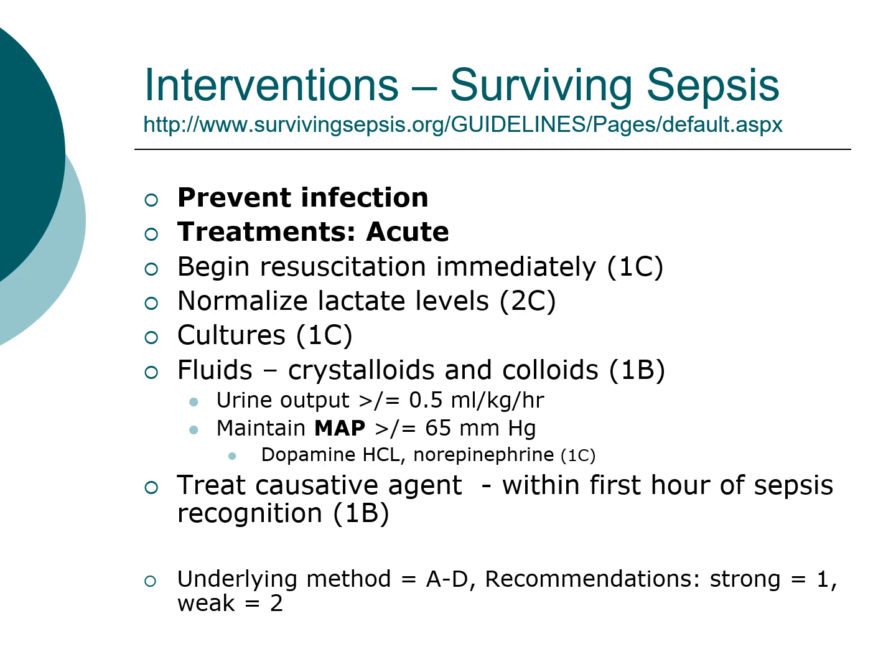And our 1B, our strongest, is treat the causative agent within the first hour if possible. If you think of all the growth factor and the logarithmic growth of bacteria, we've got to get in there and give medications for antibiotics ASAP.